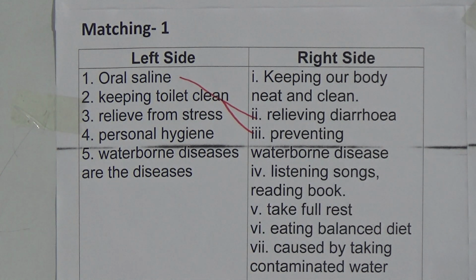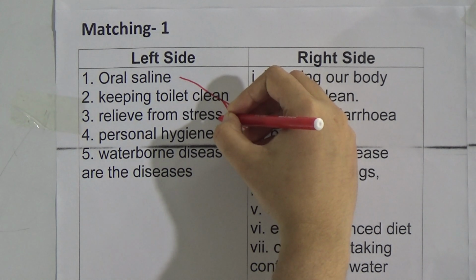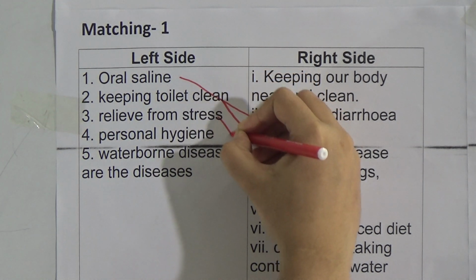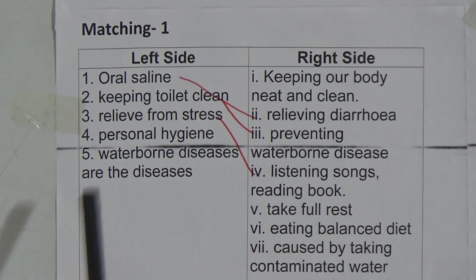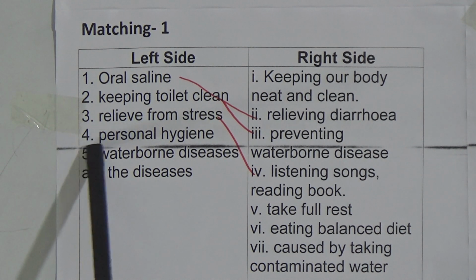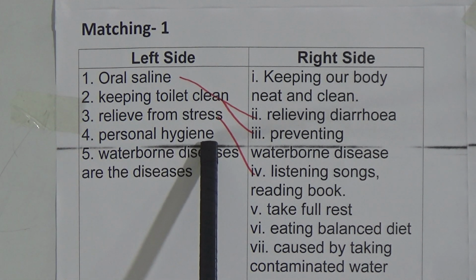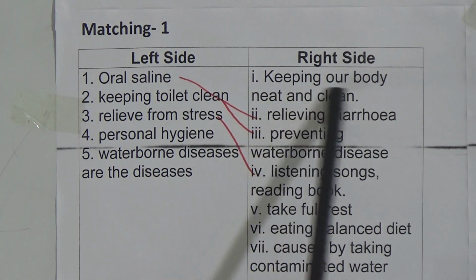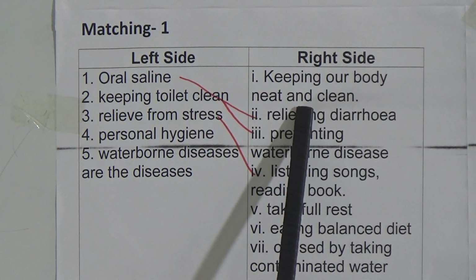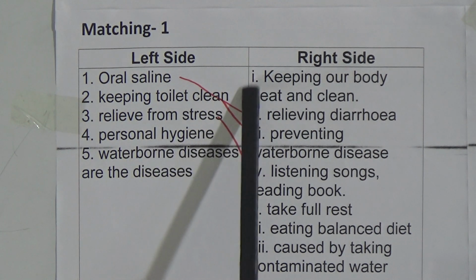So we will match this here, relief from stress, listening songs, reading book. And 4 is personal hygiene, and here 1 point is keeping our body neat and clean. It will be matched with 1.